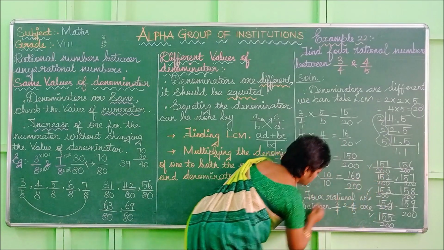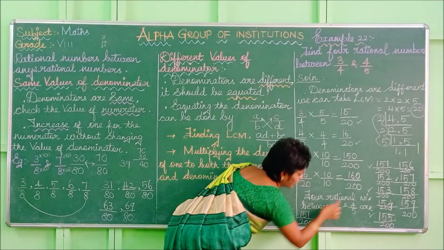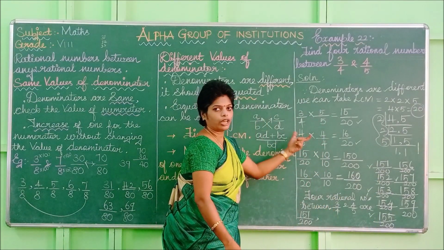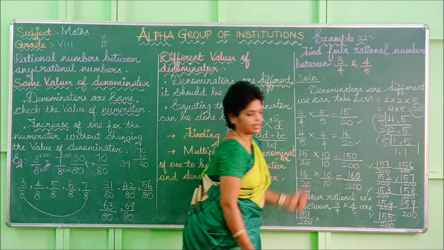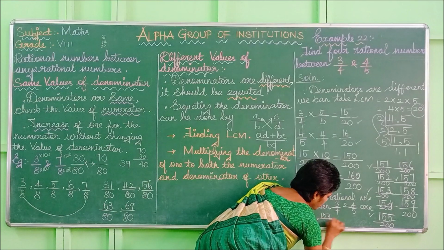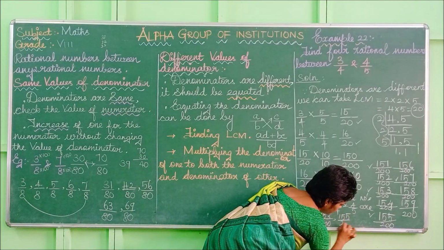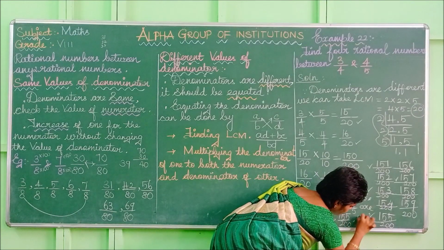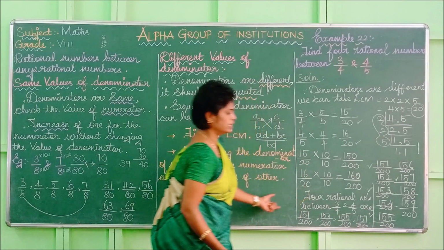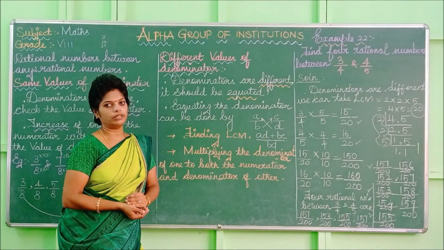You can write 151 by 200 continuously, no problem, or you can select whichever numbers you want from these 9 numbers. I am selecting alternate numbers: 151 by 200, 153 by 200, 155 by 200, and lastly 157 by 200. In this way you can do similar problems I have given you in the worksheet.